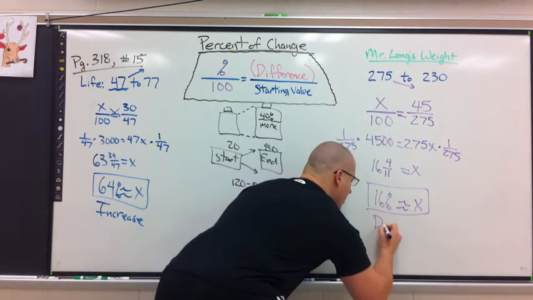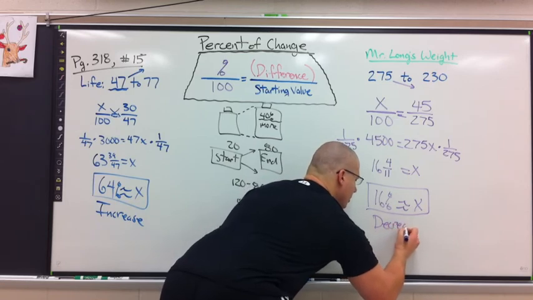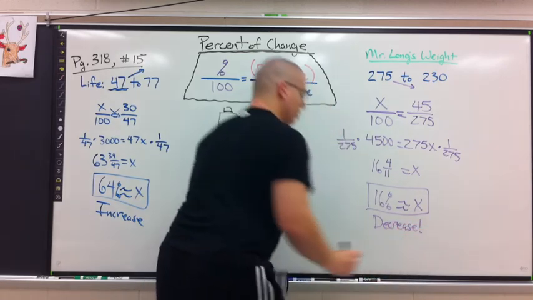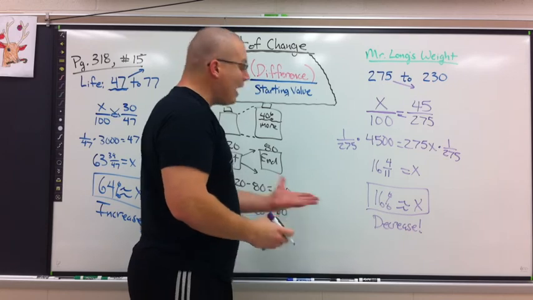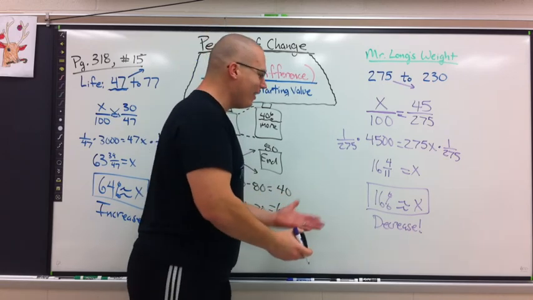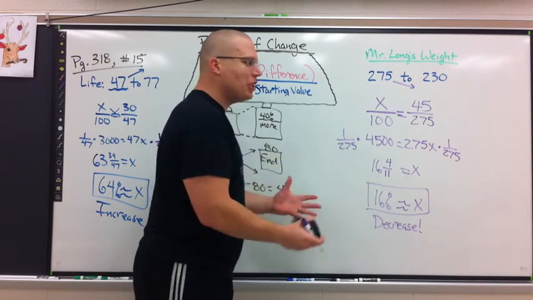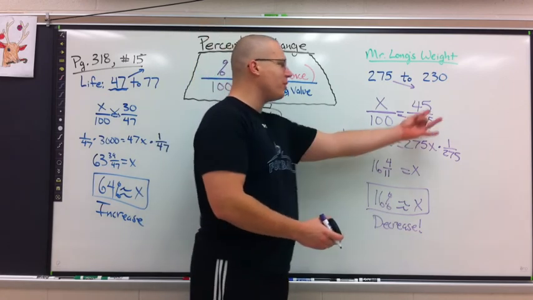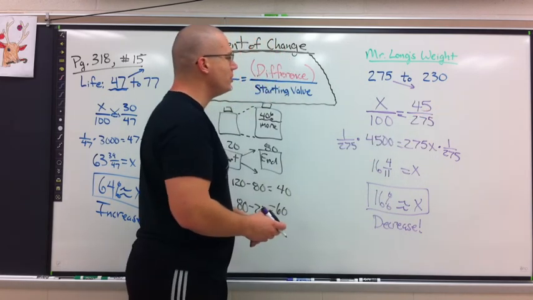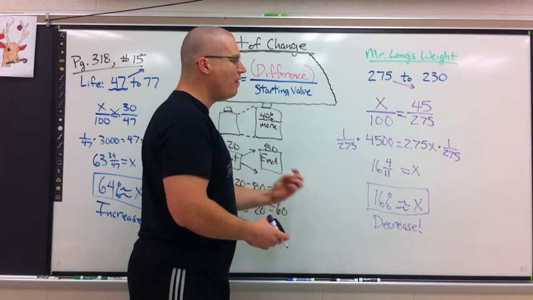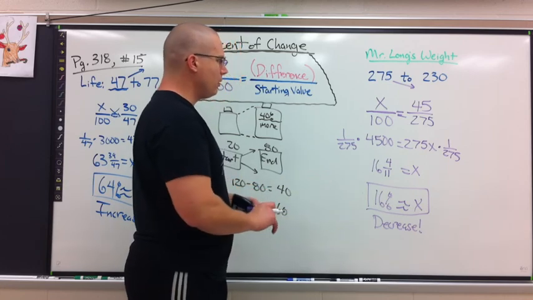This is a decrease. Now, when you look at that, that's not that bad. 16%, that's not a lot. Now, yes, it is 45 pounds I would have to lose, but 16% of me doesn't seem that much.